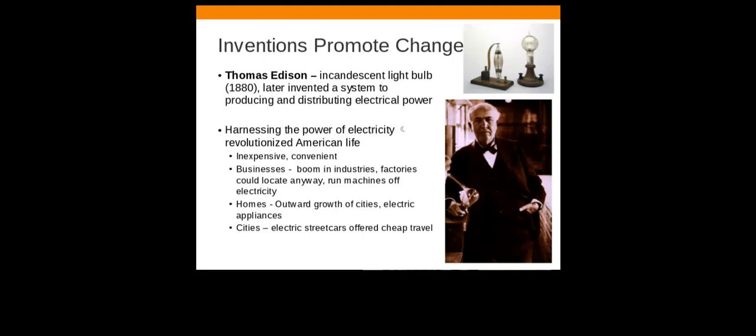And he finds a way to harness the power of electricity, and it just revolutionizes our life. It's inexpensive. It's pretty convenient. How are we going to use this in businesses? In the factories, you could run machines off the electricity. You could have light so that the factory is operating 24 hours a day. You don't have to stop when it goes dark.